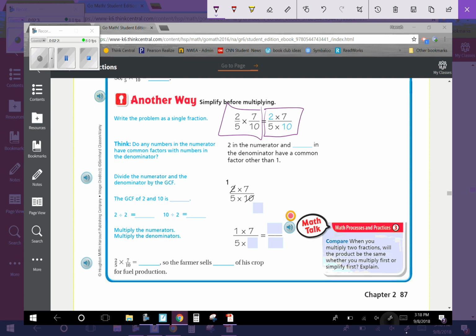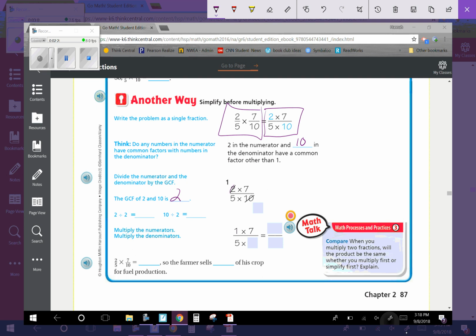Do any of the numbers in the numerator have common factors with numbers in the denominator? Well, let's look at it. The 2 in the numerator and the 10 in the denominator have a common factor other than 1. Okay, those are both even. So divide the numerator and the denominator by the GCF. The greatest common factor of 2 and 10 is 2.